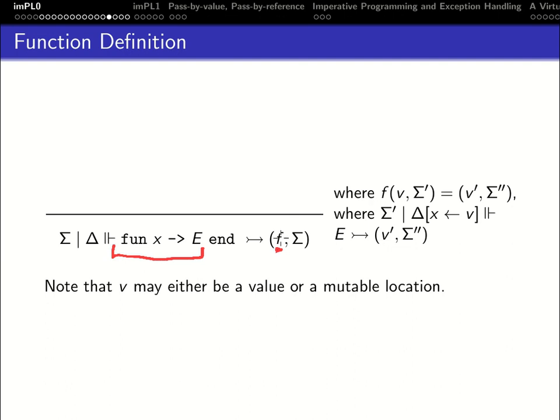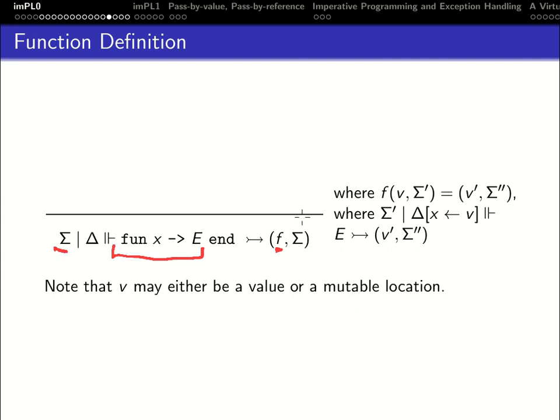Right? So when we're going to be executing f, we're not going to have this sigma anymore. We are defining this f with this sigma here, but when we're going to be executing, that sigma is not going to be there. We don't know when we're going to execute it. We might execute it, we might never execute it, we might execute it many times, right?